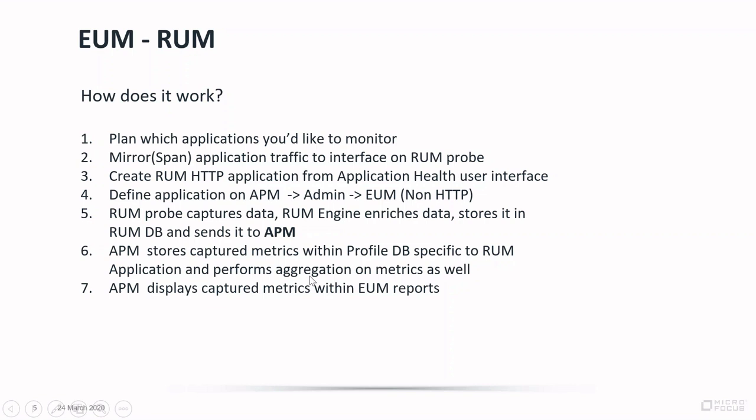Once that is done, some kind of aggregation will be done at the APM, and it will be stored in the APM database permanently. You can view the reports there. There is no UI in the RUM engine to view the reports. You can just access the database and see what data is stored and how, but there is no UI to view the reports in the engine. All the reports will be displayed in the APM only.